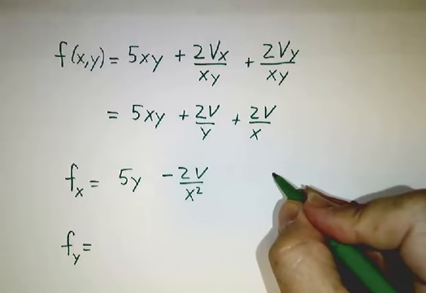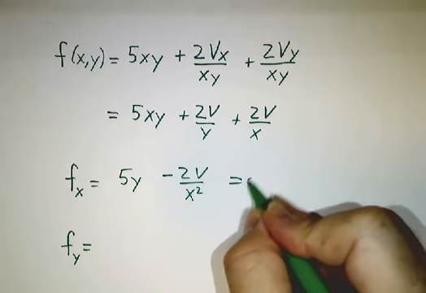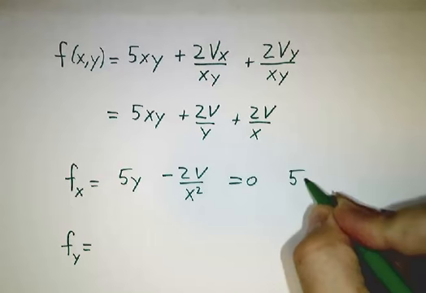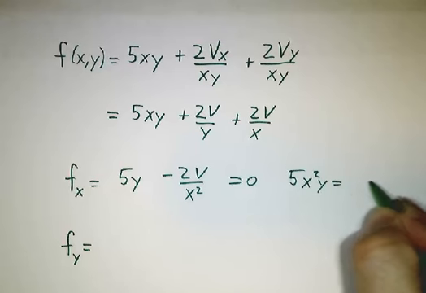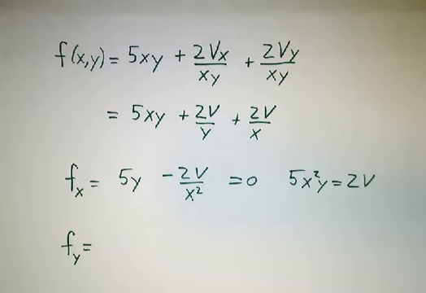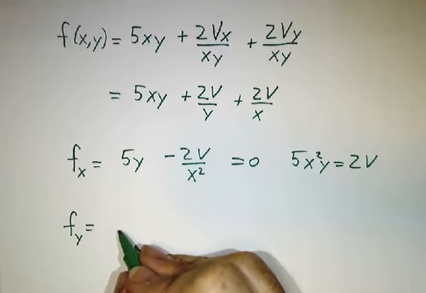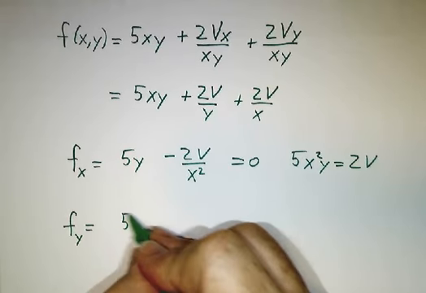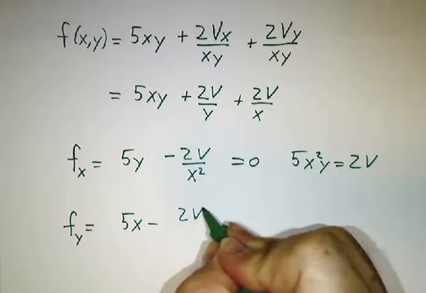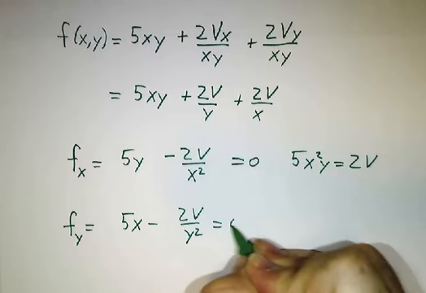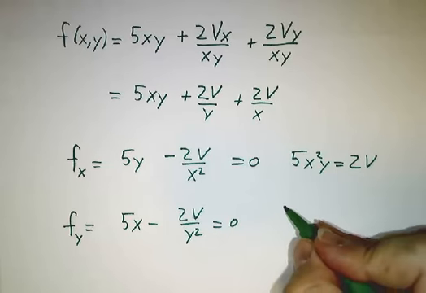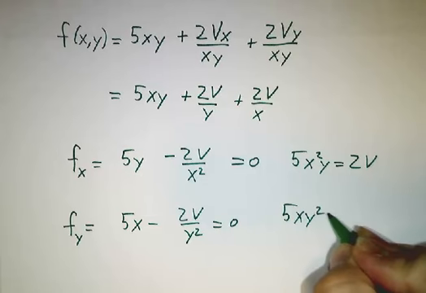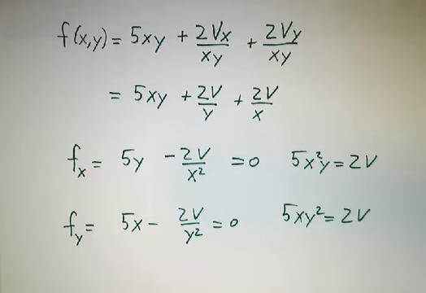So that has to be 0, which means that 5x squared y has got to be equal to 2v. If you take a derivative with respect to y, you get 5x minus 2v over y squared has to be 0. And that means that 5xy squared has to be 2v.